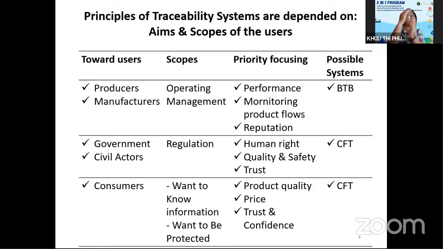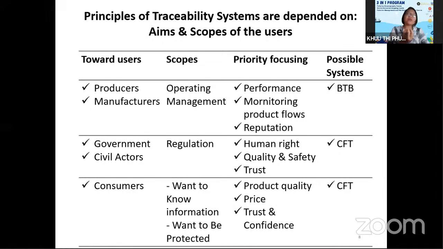But producers, manufacturers, government, or civil actors will have another scope. And depending on their scope and their aims, the principles of traceability will be different.